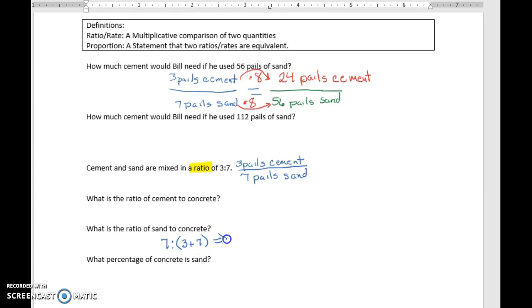So really what we're talking about is a 7 to 10 ratio. And if we wanted to know what the percentage of sand to concrete is, it's 7 out of those 10, which comprise the entire thing. So it's a 70% ratio of concrete that is the sand.